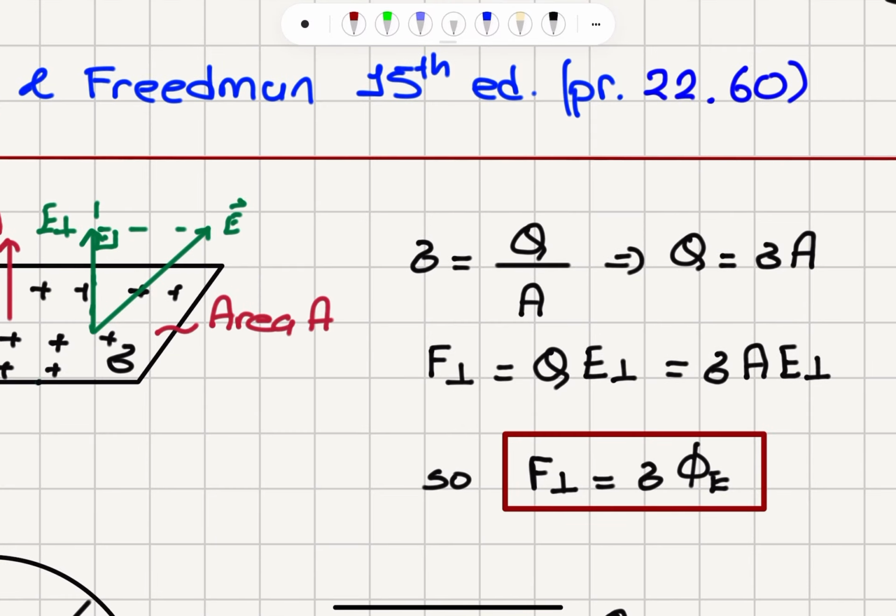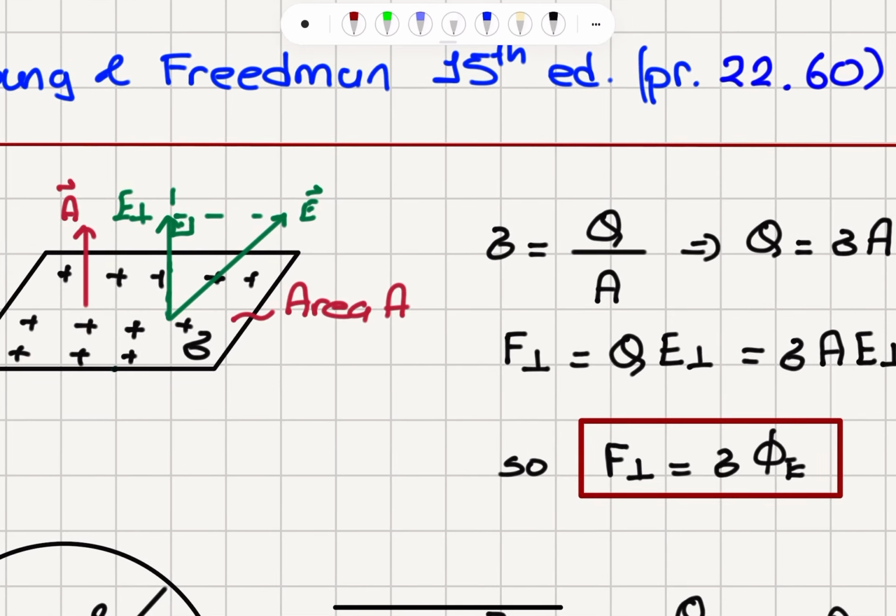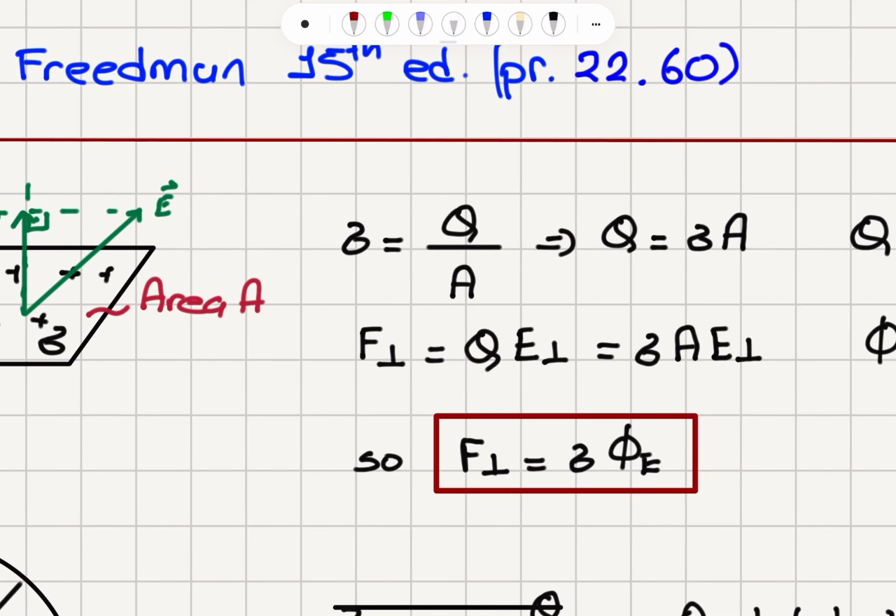If it has uniform charge distribution, it's total charge divided by the area A, so Q is sigma A. The force that will act on this charge distribution is the total charge multiplied by the perpendicular electric field.